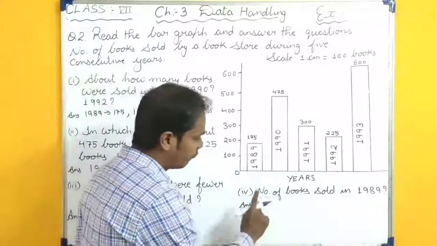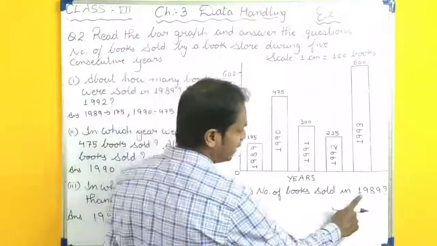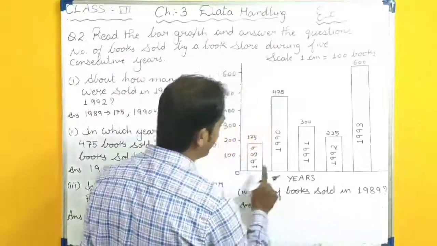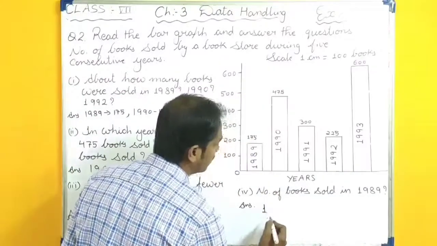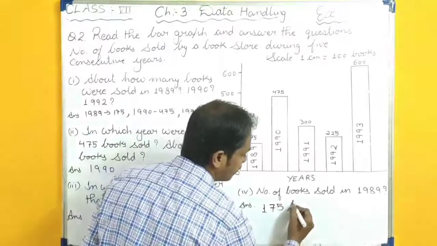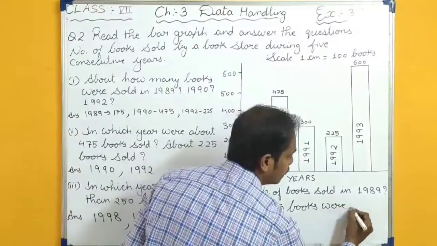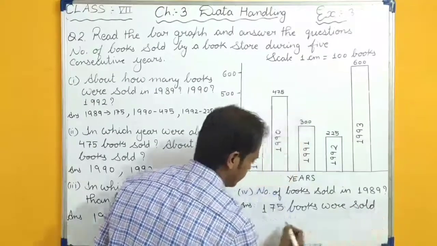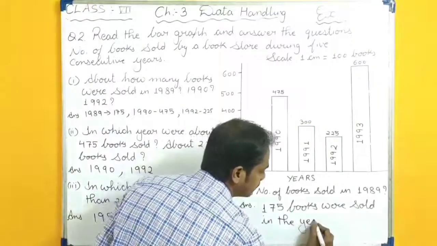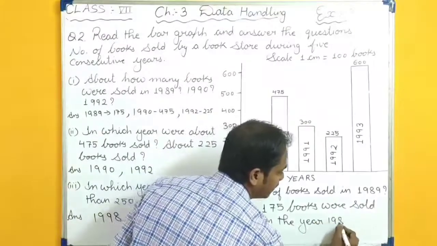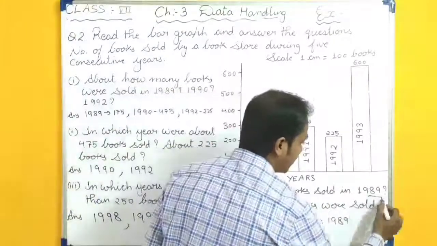And the fourth, last question: number of books sold in the year 1989. You can write 175 books were sold in the year 1989. You will write all your answers in full statements.